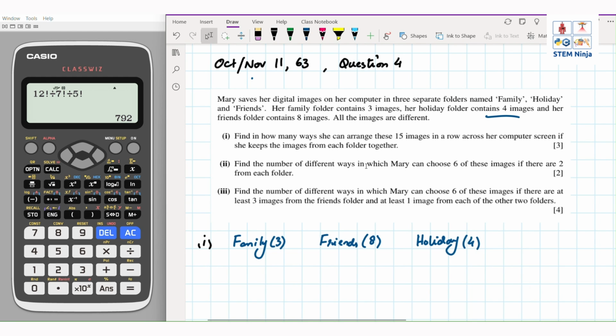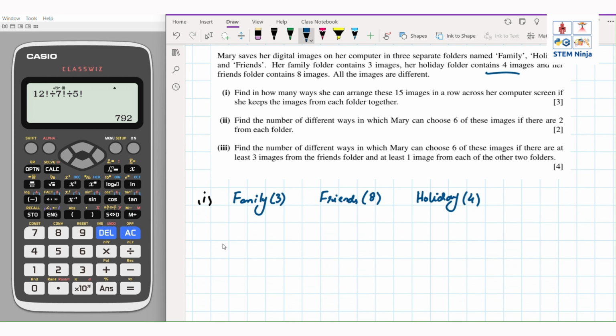Find in how many ways she can arrange these 15 images in a row across her computer if she keeps the images from each folder together. So that means these 3 together, these 8 together, and these 4 together. So 3 factorial, 8 factorial, 4 factorial times the arrangements of these albums themselves. So that would be 3 factorial.